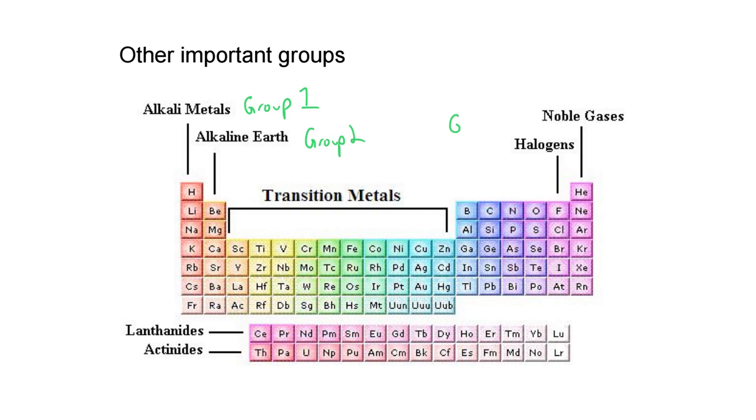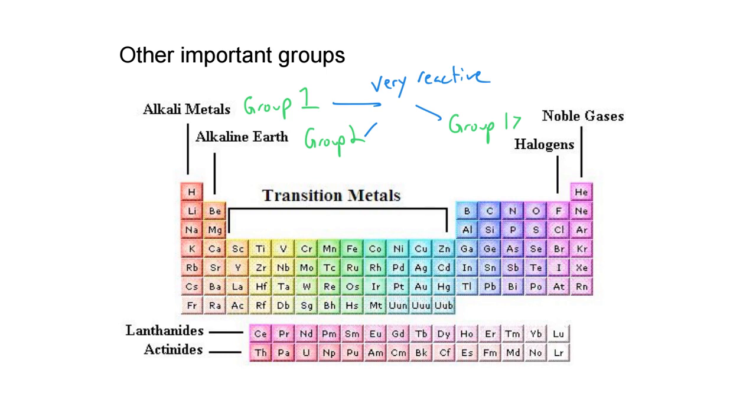And then group 17 are the halogens. These three groups, one thing I'd like you to know is that they're very reactive. And groups 1 and 2 like to react with group 17. Alkali metals like to form salts with halogens.